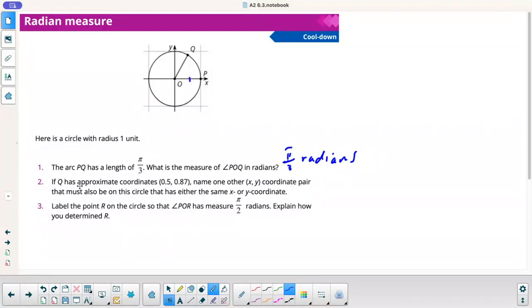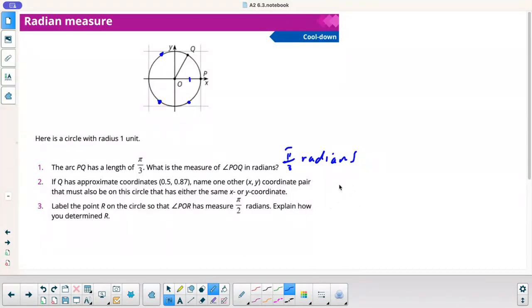If Q has approximate coordinates of 0.5, 0.87, name one other xy coordinate pair that must also be on this circle that has either the same x or y coordinate. So I can move to any one of these 4 spots as long as they're equal. Like this is the same height. This is the same x coordinate. This one would be opposite.